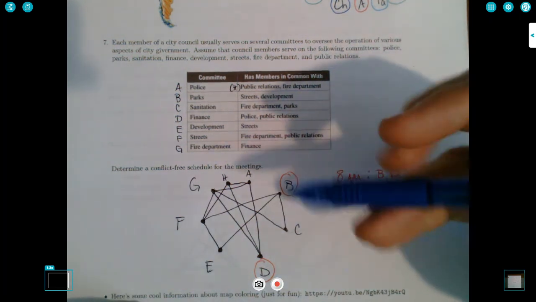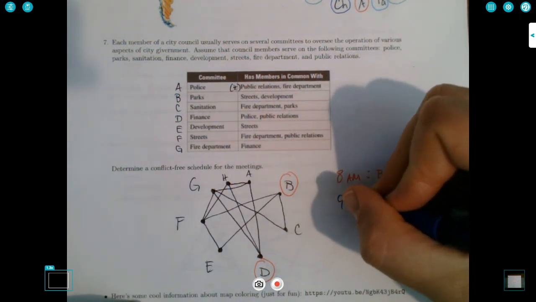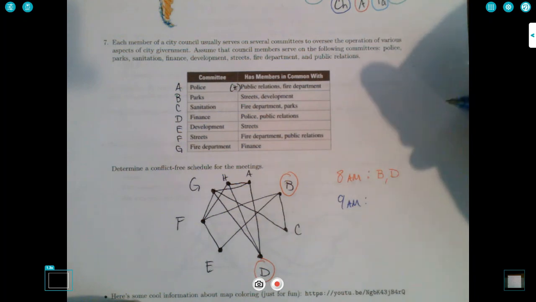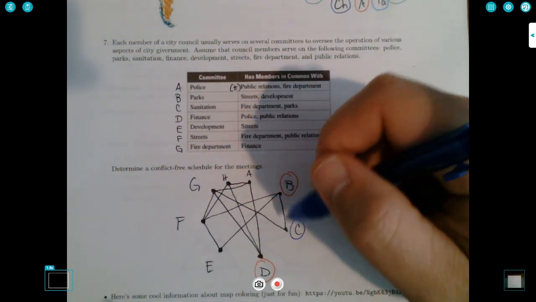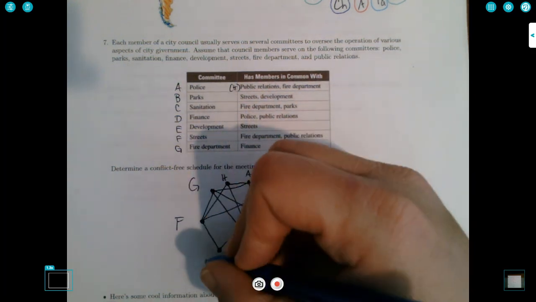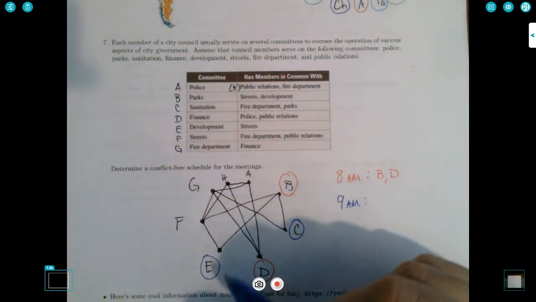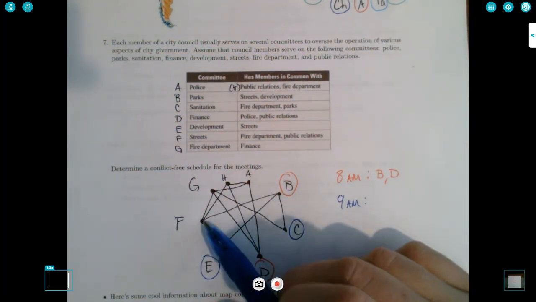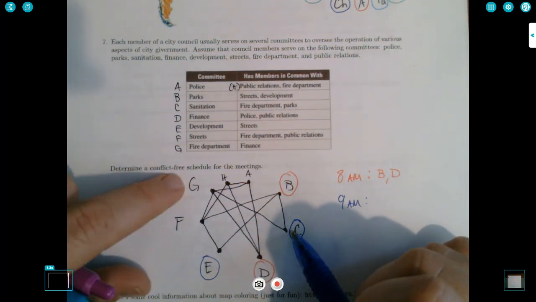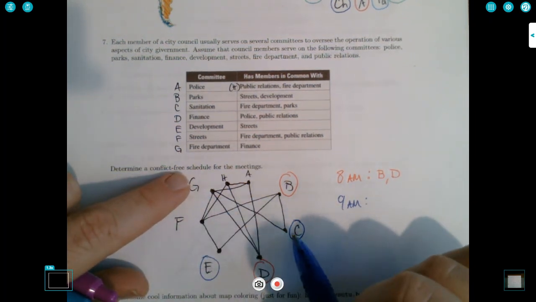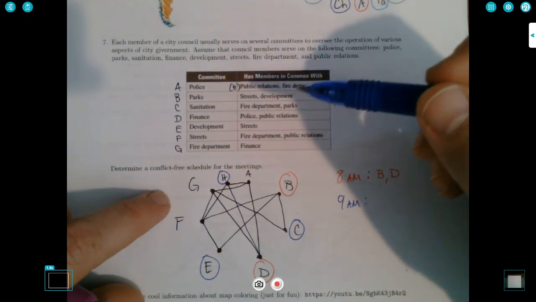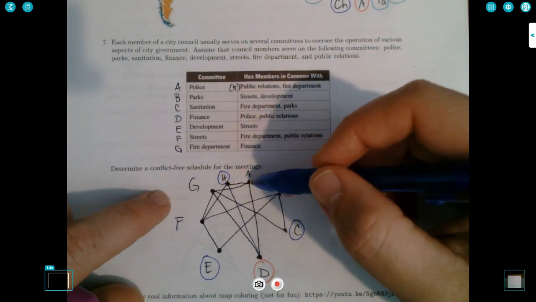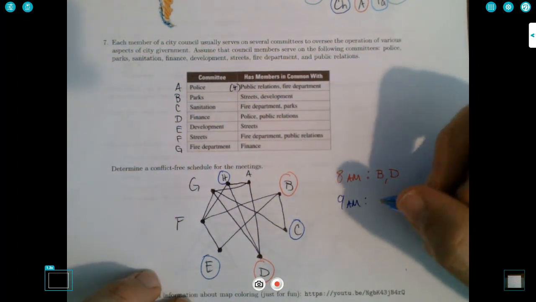If blue represents a 9 a.m. meeting, I could do C in blue. Then I just can't do B or G, but I could do E. If I do E, I can't do B or F, and I already couldn't do G because of this one, but I could do H at that time. And then if I do H, I can't do A, so that takes care of all of the 9 a.m. meetings.